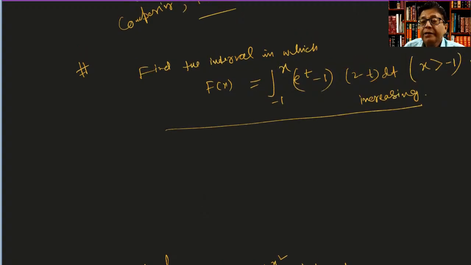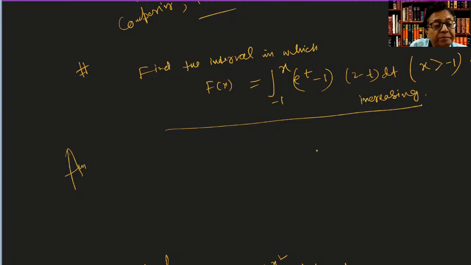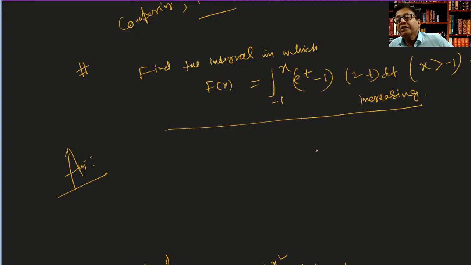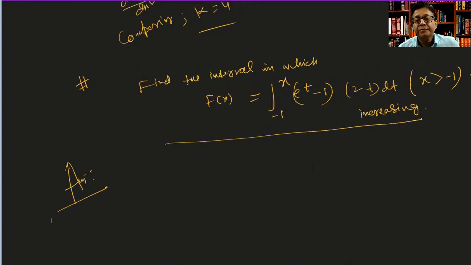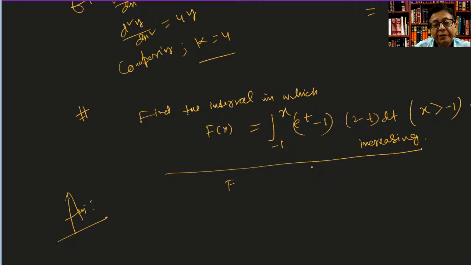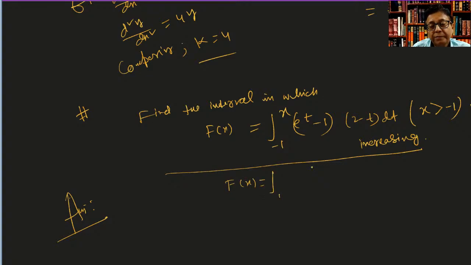Find the interval in which this is increasing. So you find f dash x and then use the condition for increasing and decreasing function. I remind you the rule again that f(x) is integral from h(x) to g(x) of f(x) dx.